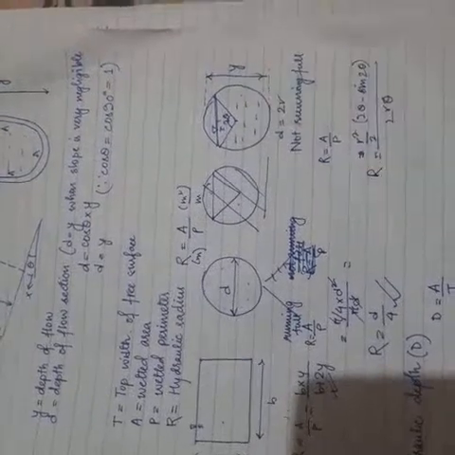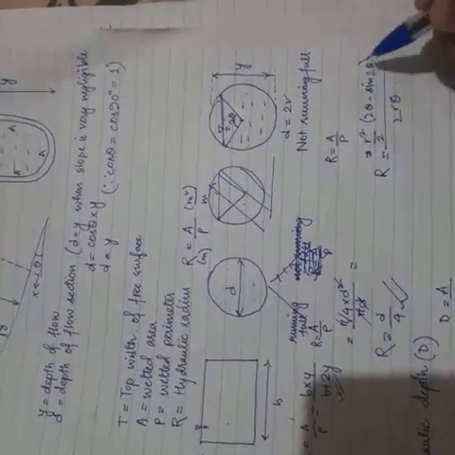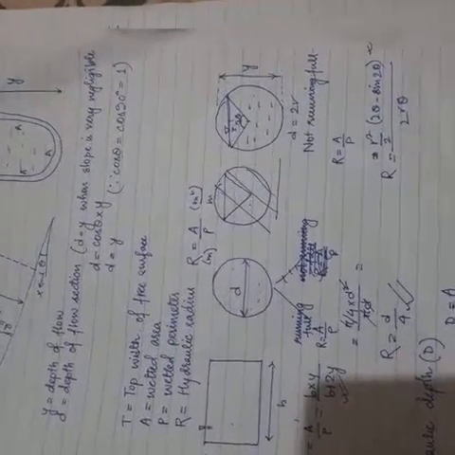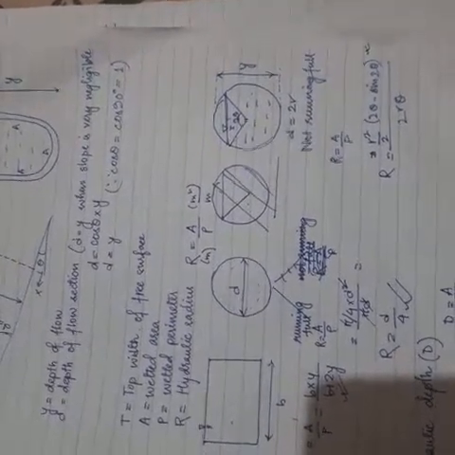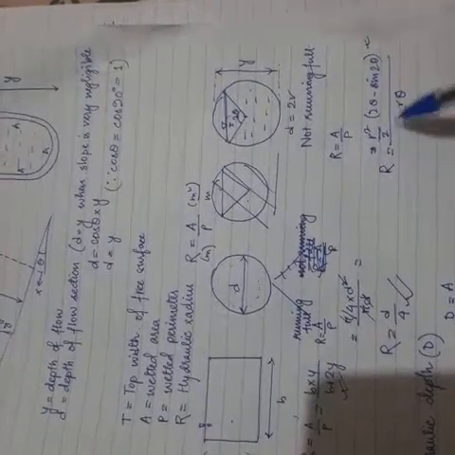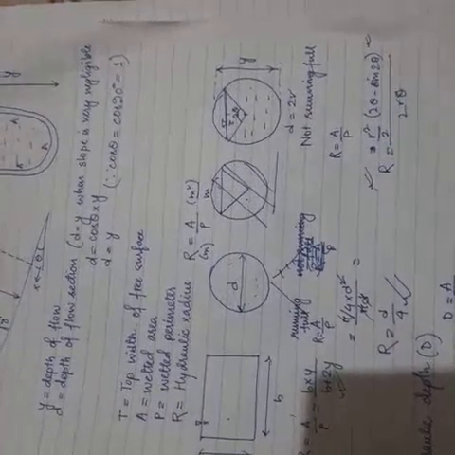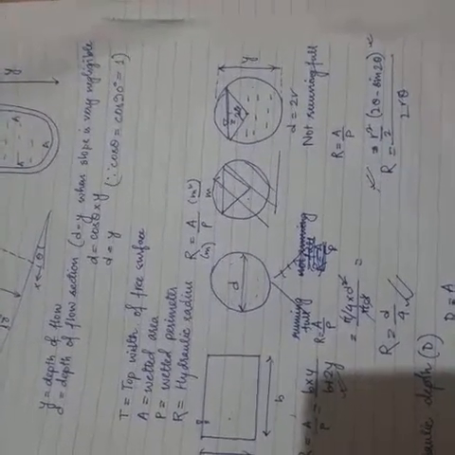So for that R becomes this, and from previous years that we have studied in class 9, 10, I guess, we know that area can also be expressed in this manner. So this is not that important. If you want to mug up the formula, you can do that.